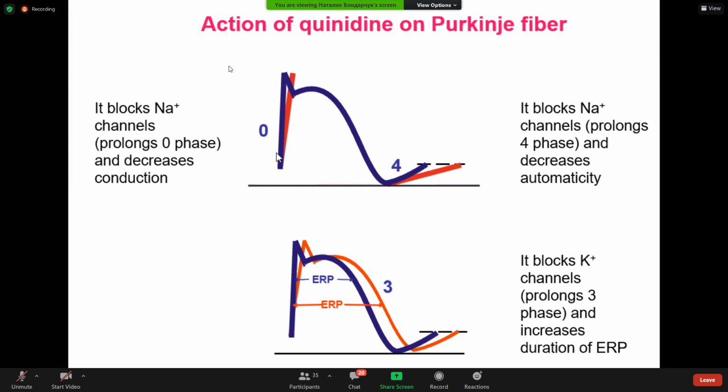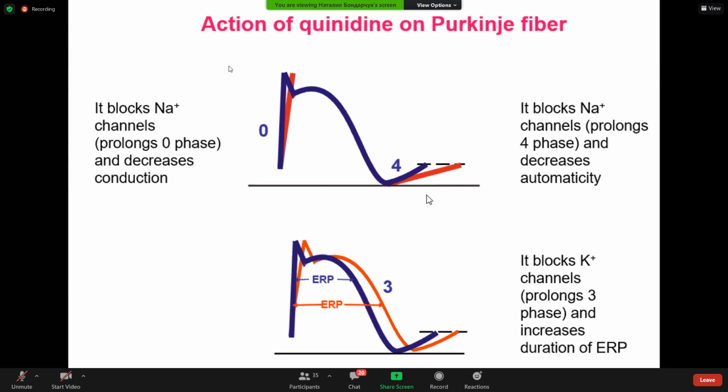It decreases conduction due to inhibition of sodium channels. So quinidine decreases conduction of the action potential of Purkinje fibers. Also, quinidine blocks sodium channels and prolongs the fourth phase. So this drug decreases automaticity of Purkinje fibers.